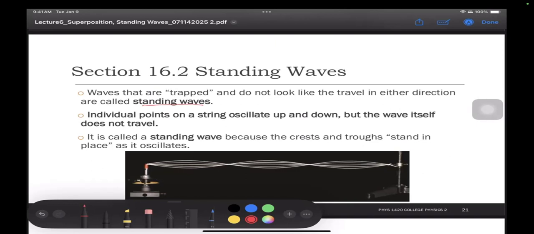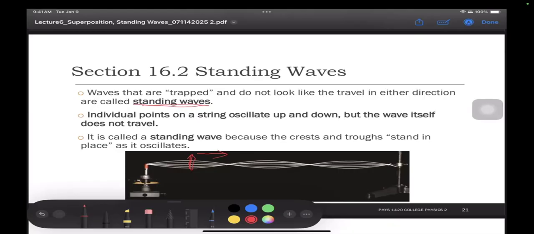They seem to stay still, so we call them standing waves, which means it stands there. The waves do not move. Individual points on a string oscillate up and down, but the wave itself does not travel. Actually, I know it still moves, but it just oscillates up and down. But it will not travel. That makes sense to you.